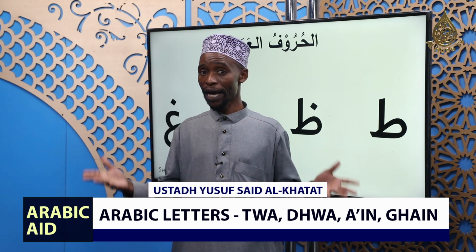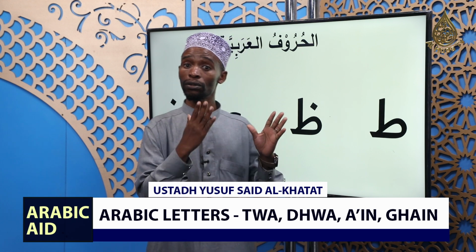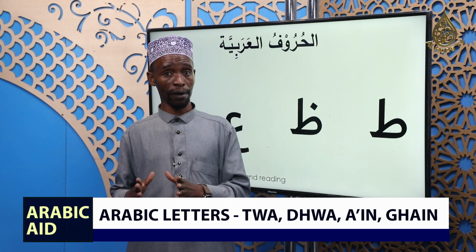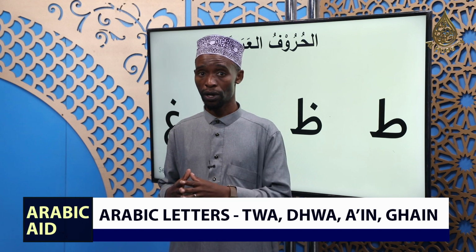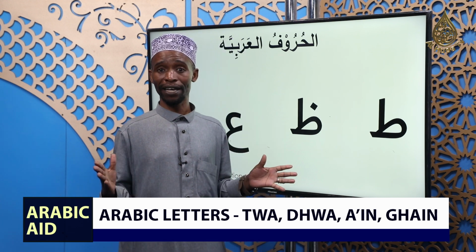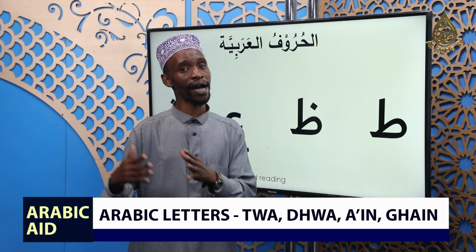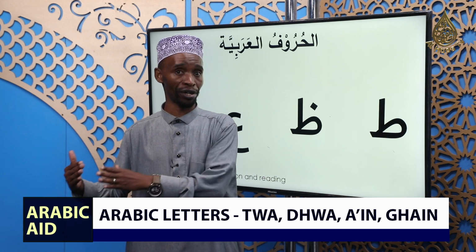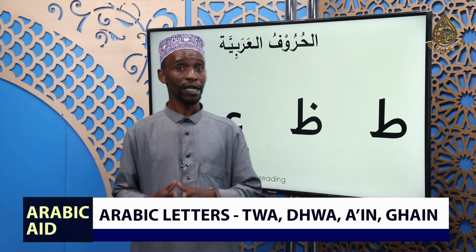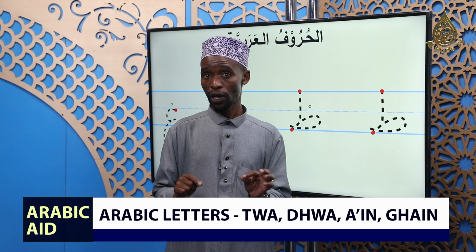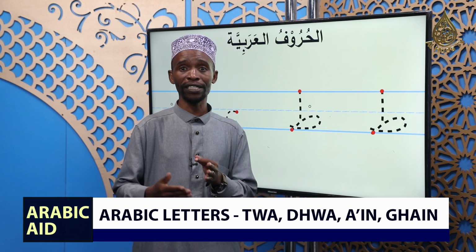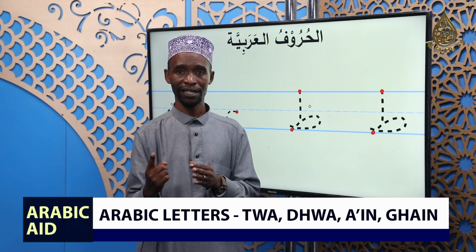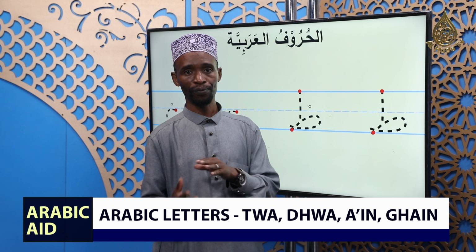We are writing paired letters, which are Twa and Dhwa, then Ain and Ghain. We are also going to place them in the dotted and undotted letters categories. Starting with Twa, we said its shape is like a stick on a shoe.